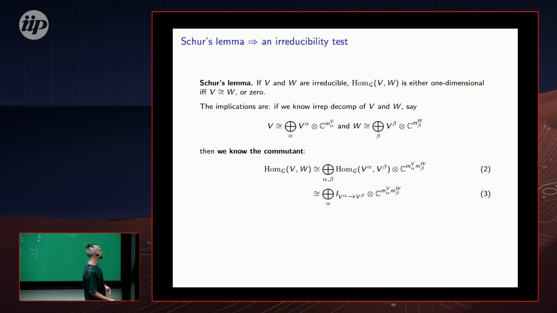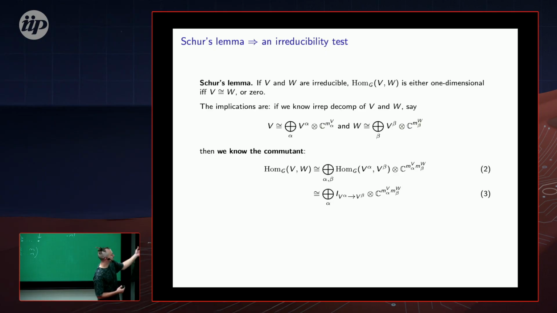The implications are that if we know the irrep decomposition of V and W, explicitly say V has irrep alpha M alpha V times, and W has irrep beta M beta W times, then we know the commutant. We know exactly which are the invariant operators because we use Schur's lemma.